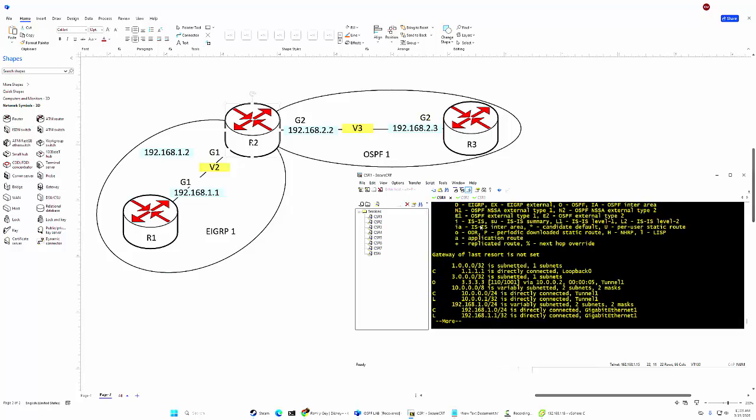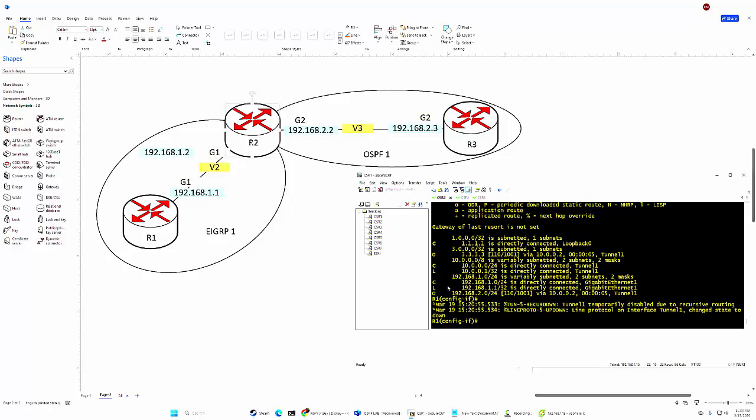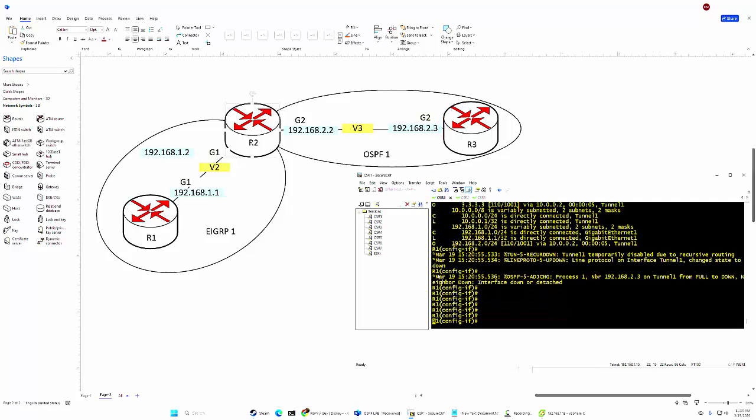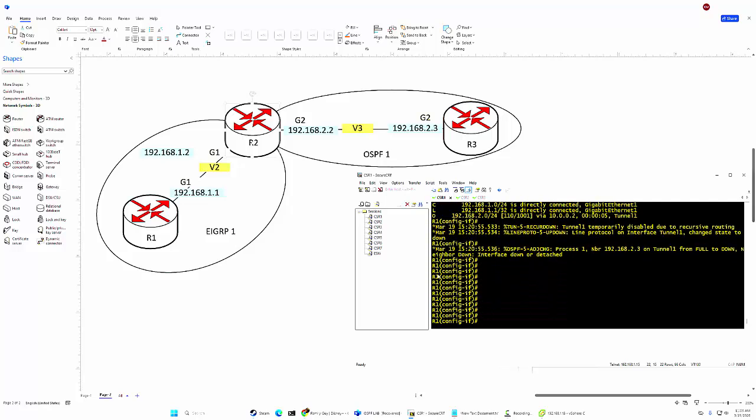Remember what we said about the tunnels: if the destination is being learned via the tunnel interface of what's creating your tunnel in the first place, then we got a problem. And that's what's happening here.